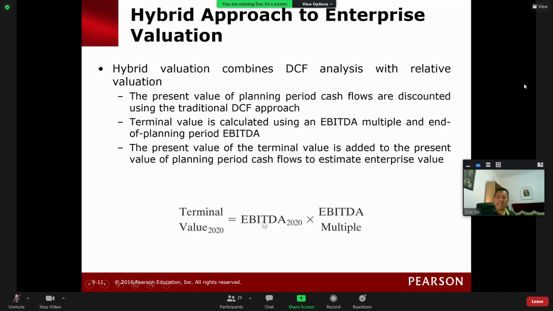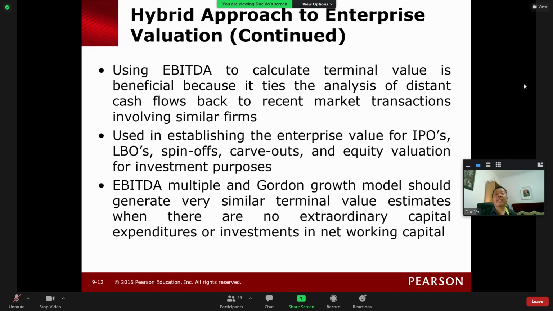No doubt for any company, regardless of whether it is listed or not listed, for sure you will be able to find the EBITDA, the earnings before interest and tax and depreciation and amortization, right? But now, how can you work out the EBITDA multiple? That becomes the issue. And actually, if you want to work out the EBITDA multiple, then clearly you need to develop the sample of comparables.